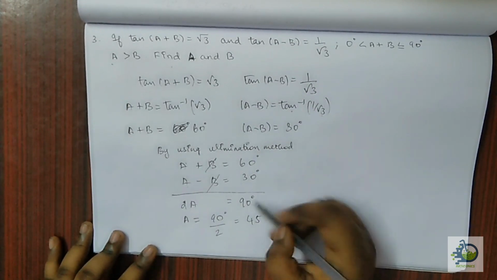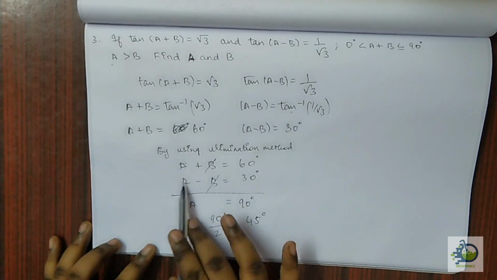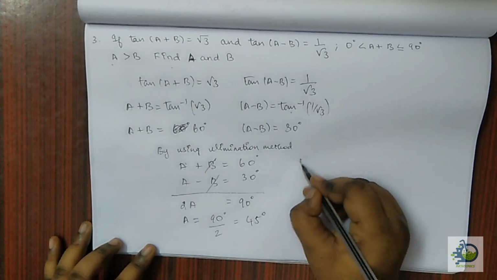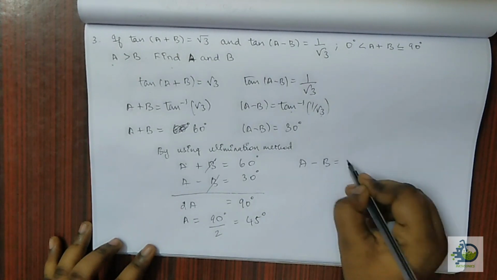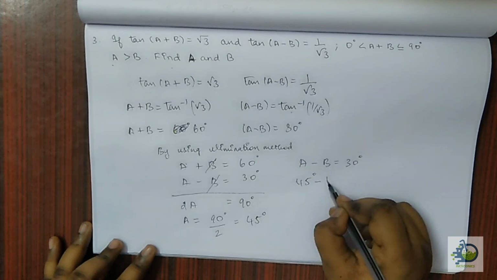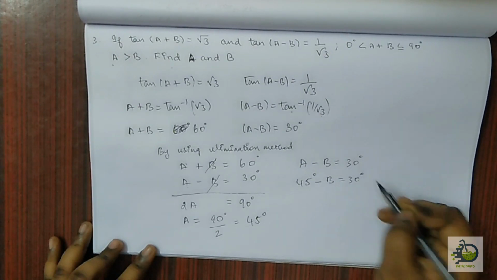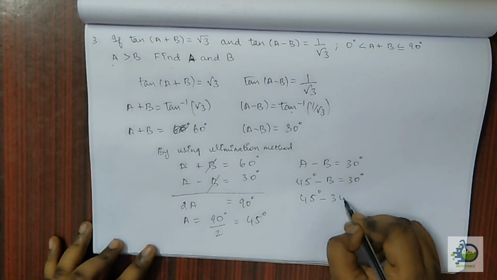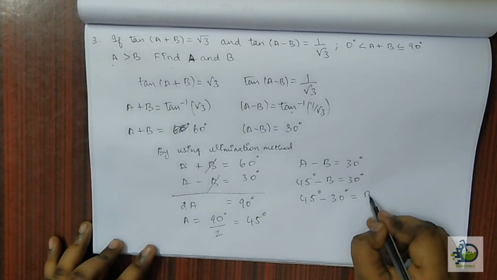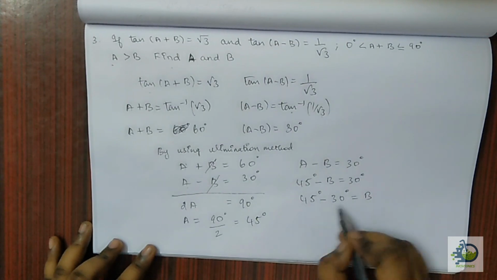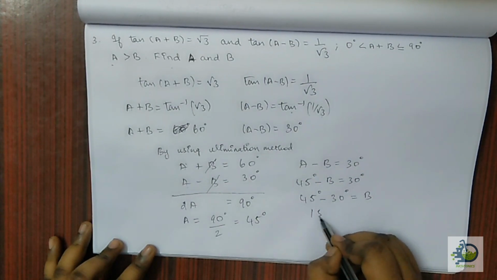Now we can find B by substituting in any one of these equations. Let me substitute in this equation. So A minus B is 30 degrees. We found A as 45 degrees. So 45 minus B is equal to 30 degree. When I take this 30 this side, 45 minus 30 will be plus B, because when this minus B goes to that side, it becomes plus B. So 45 minus 30 is 15.